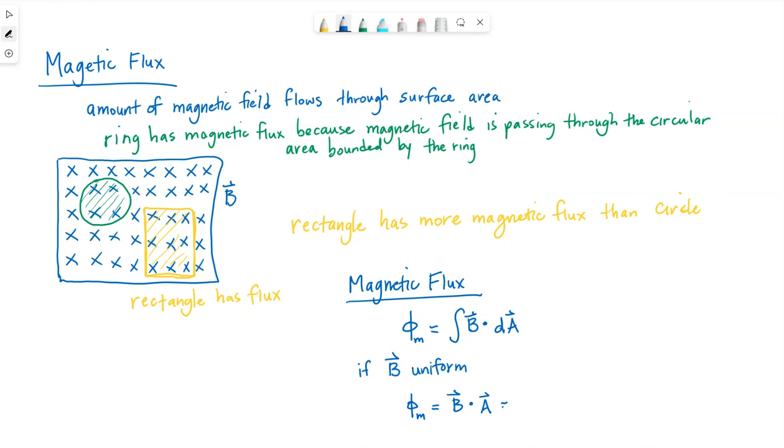We can write this also as B, the magnitude of the magnetic field, times the magnitude of the area times the cosine of theta, where theta is the angle between the vector magnetic field and the area vector. Now, if you recall, area vectors are normal to the surface or the plane of the area.